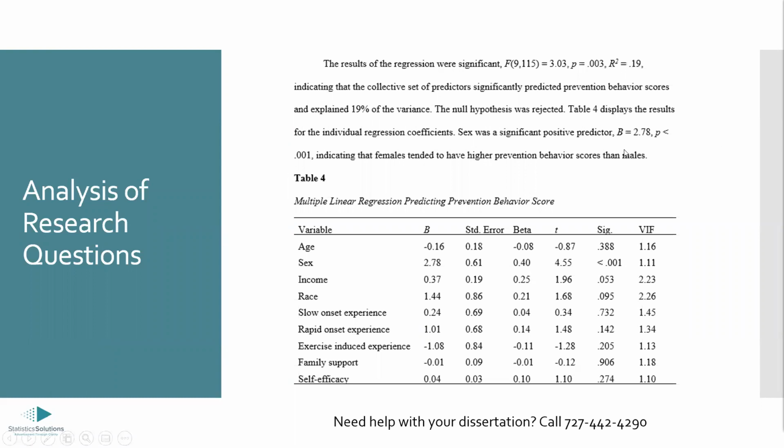It is useful to know this information about the individual predictors in the regression model either way. Then we have a table showing these individual regression results, and some narrative explaining what's in the table. We explain some of the significant predictors. In this case, sex is a significant predictor with a significance or p-value less than 0.001. And we have some narrative interpretation to explain that significant predictor.